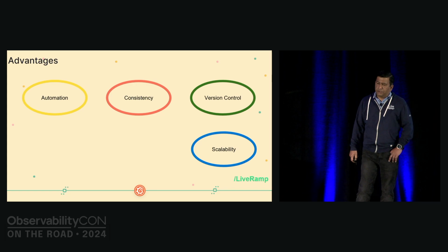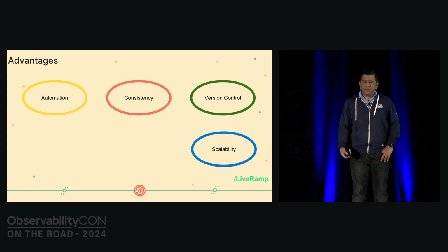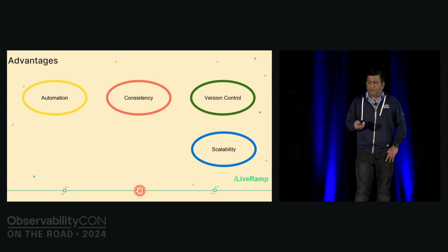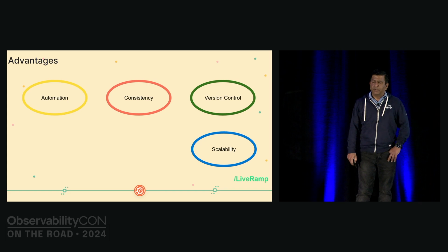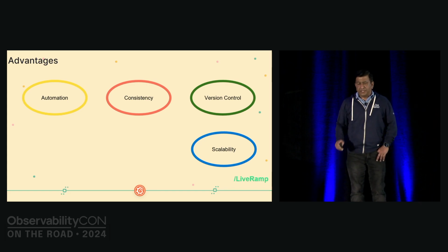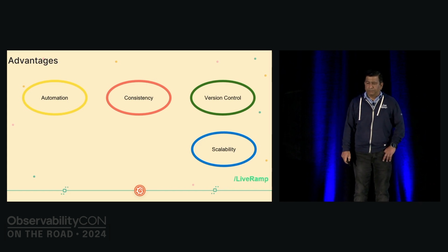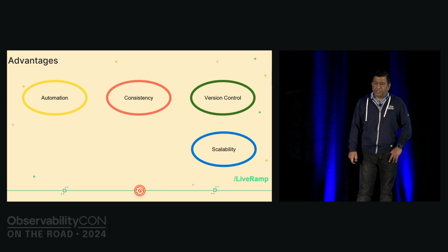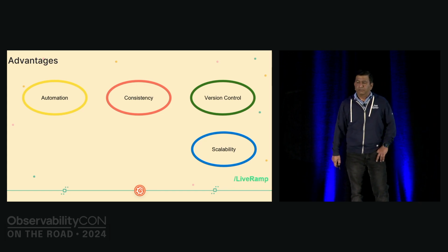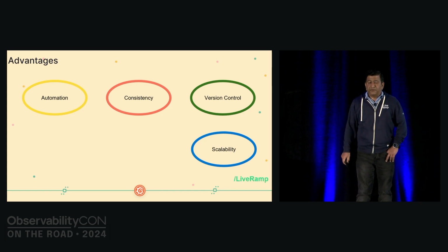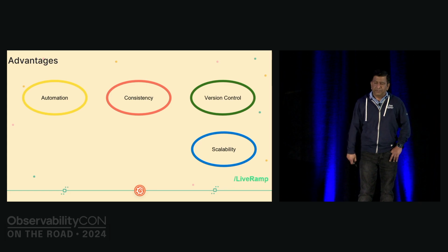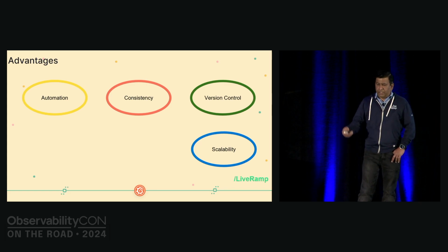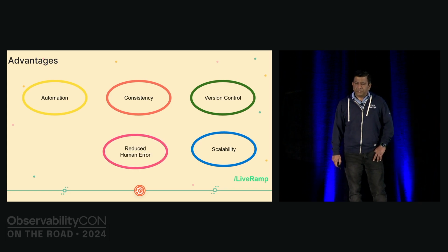Scalability. Configuring Grafana via code simplifies the process of scaling monitoring solutions as your system grows. You can easily replicate configurations across multiple environments, or even different geographical regions. The next one is reduced human error.